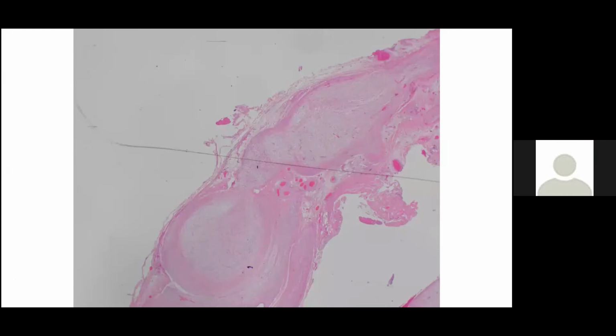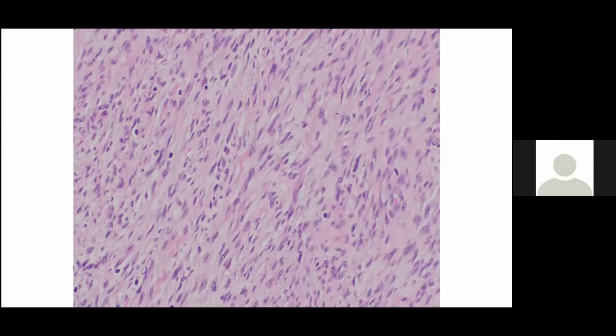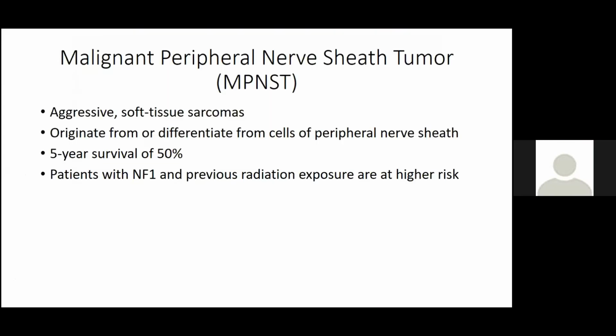Okay, yeah, interesting case. This is the well-named malignant peripheral nerve sheath tumor. So if it's the peripheral nerve sheath tumor, you know it's malignant, you know what the name is. So these are very aggressive tumors, soft tissue sarcomas.